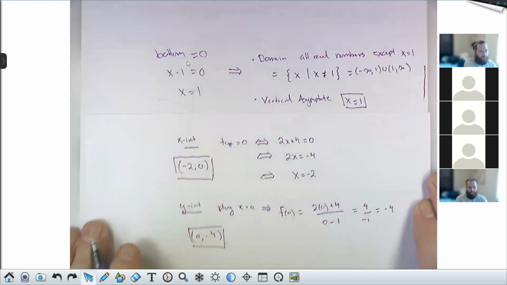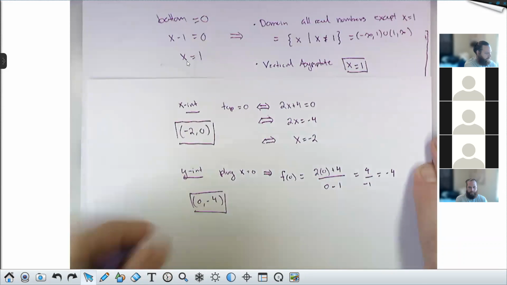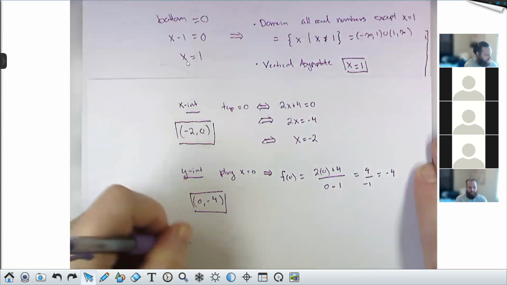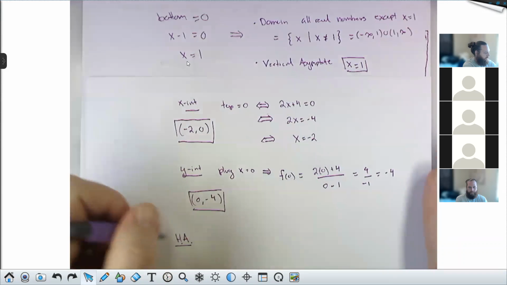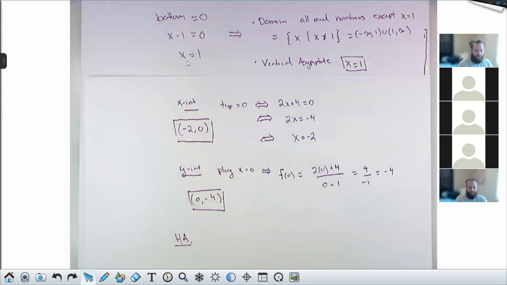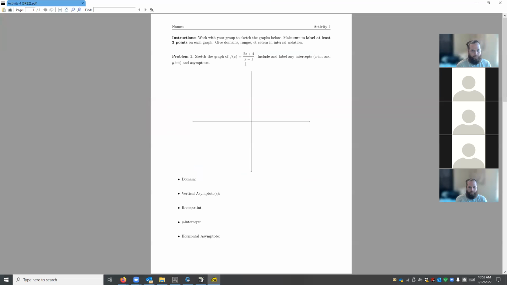And the last thing we would need is the horizontal asymptote. We get this by looking at the degree of the top and bottom. So the degree of the top is 1. The degree of the bottom is also 1.